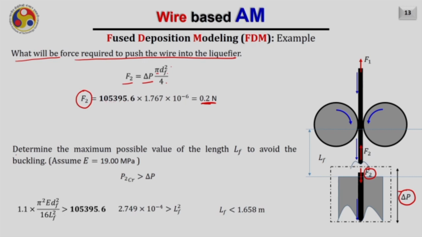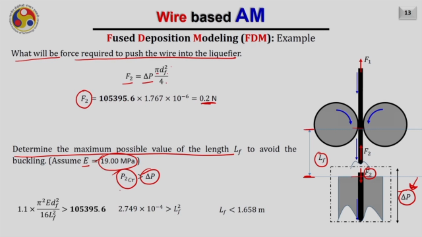Now again it is asked to determine the maximum possible value of the length LF, to avoid the buckling in this zone. It is given that assume E equals 19 megapascal only. So we know that to avoid the buckling, the pressure required to push the wire into the liquefier, delta P, should be less than the critical pressure which is possible to apply on this wire.